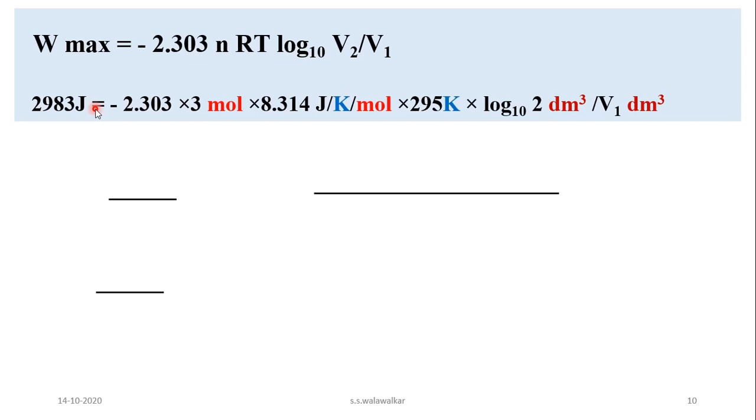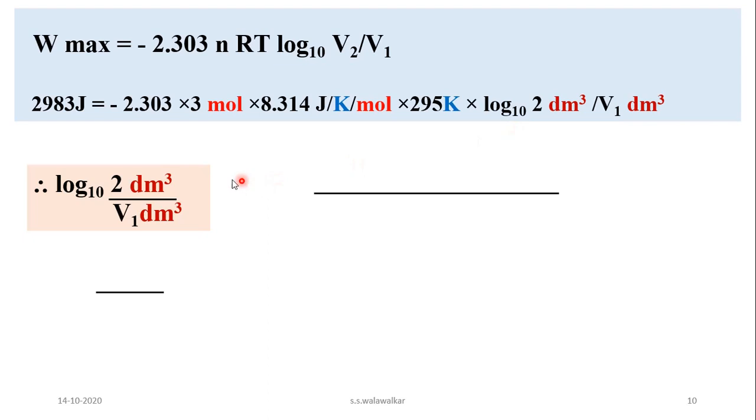W maximum is given, 2983 joules, is equal to minus 2.303 into number of moles, which is 3, into R, 8.314 joules, then temperature is 295 Kelvin, into log to the base 10 of 2 divided by V1. dm cube cancel. Number of moles cancel. Kelvin also cancel. You have to calculate the initial volume.